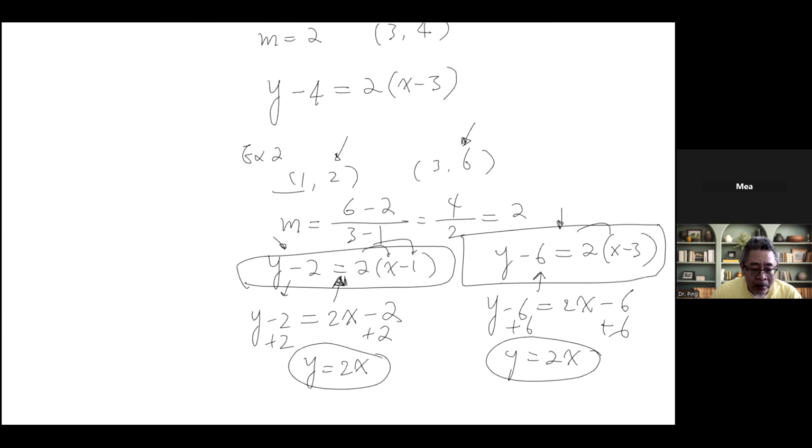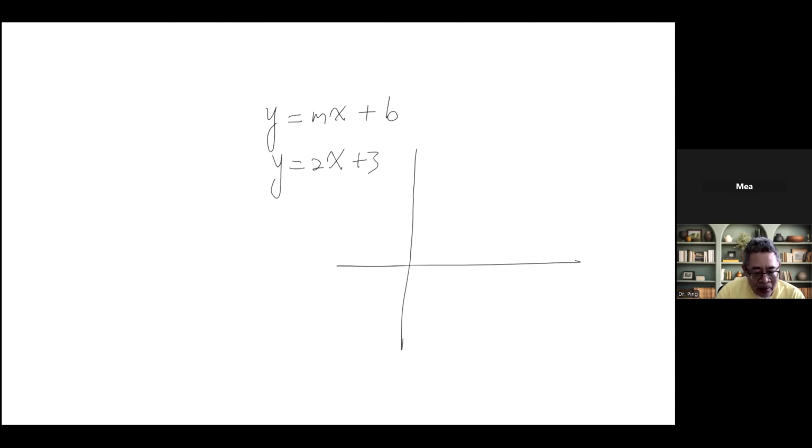Now if we have the point slope form, how do we graph it? In the past, if it's y equals mx plus b, say y equals 2x plus 3, one way to graph it is, basically we just need 2 points.